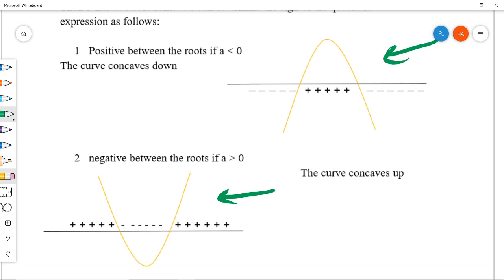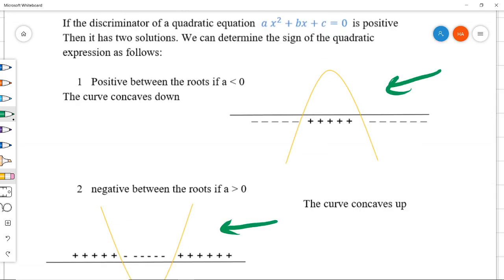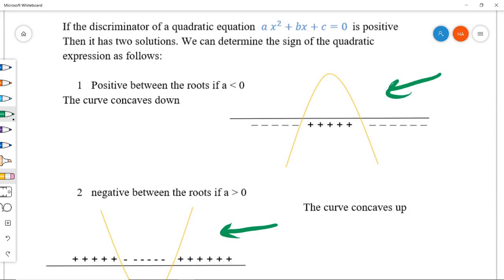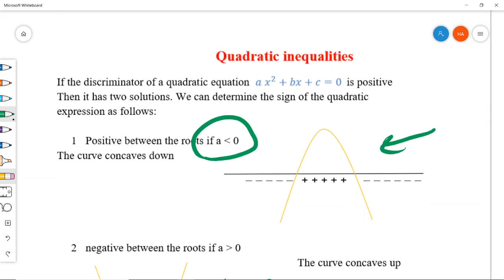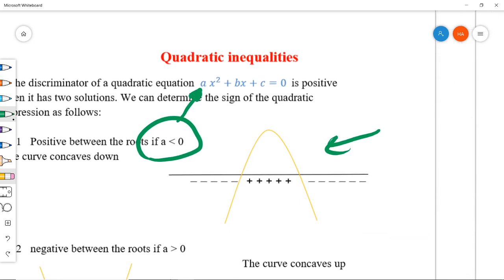If the quadratic curve is concave down, then the coefficient of x squared here, a, is negative. بيكون concave down، بيكون بهذا الشكل، إذا كان a negative إشارة x تربيع سالبة، معامل x تربيع سالب.